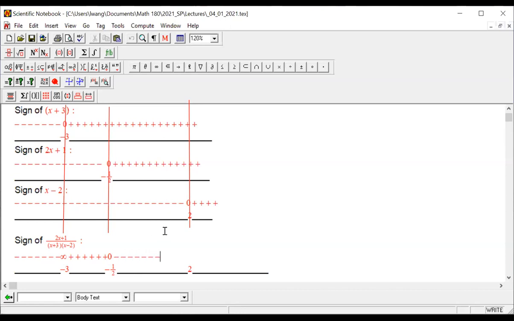So it's going to be negative. At 2 it is undefined. Beyond 2, positive. Yeah? Does everybody follow me? Now, finally.